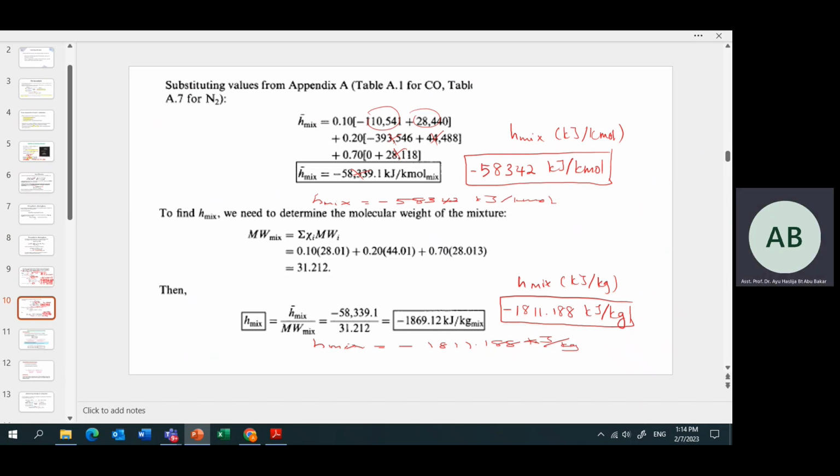What do you get for H mix? 1811 or 1869? 1869.22, right? All of you get 1869. There's some error over here.